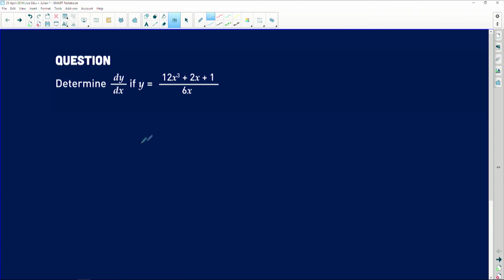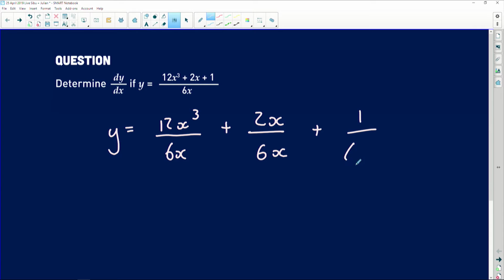What we're going to do first is say let y equal 12x cubed, and we're going to divide each term in the numerator by 6x. So that's 12x cubed divided by 6x, 2x divided by 6x, and then 1 divided by 6x. If you don't have an idea of what the chain rule or the quotient rule is yet, you need to separate each term in your fraction and get x by itself or have a power of x so that you can differentiate straight from there.